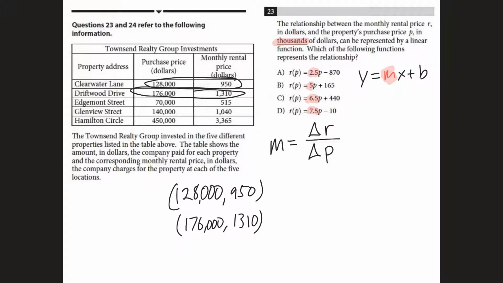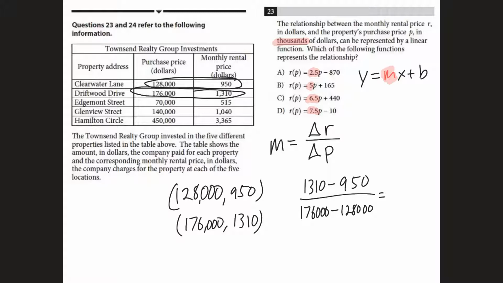Okay, so we're looking for the change in the output, so we're going to do 1,310 minus 950 over the change in the input, which is going to be 176,000 minus 128,000. Okay, so I'm going to go to my calculator.